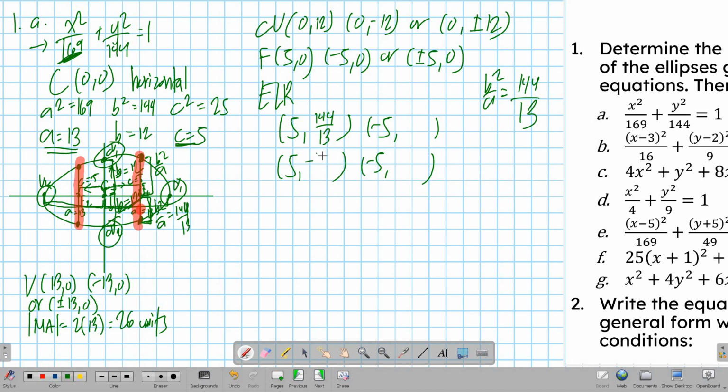So therefore, we go down, that's negative 144 over 13. And this happens also on the other latus rectum. This becomes plus 144 over 13. This becomes negative 144 over 13. And because of this, we can write this as plus minus 5, plus minus 144 over 13.